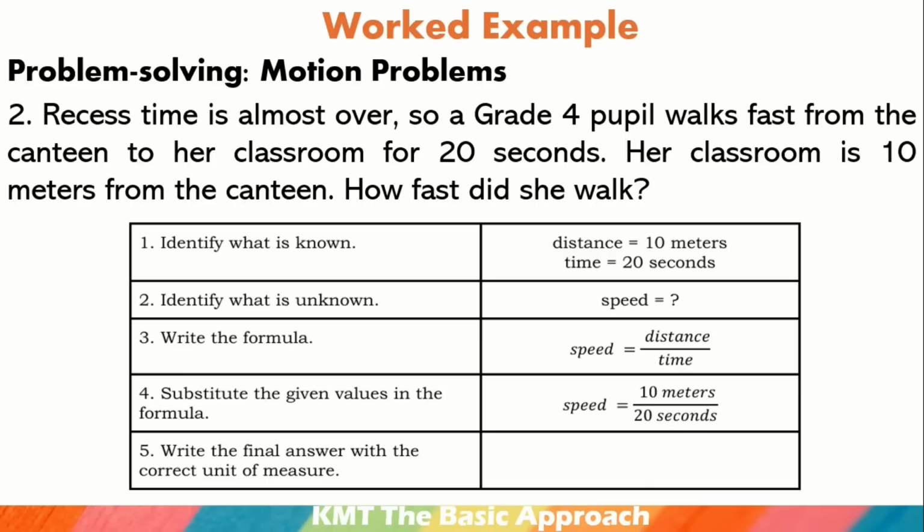Speed equals 10 meters divided by 20 seconds. And last, write the final answer with the correct unit of measure. Great! Speed equals 0.5 meter per second.